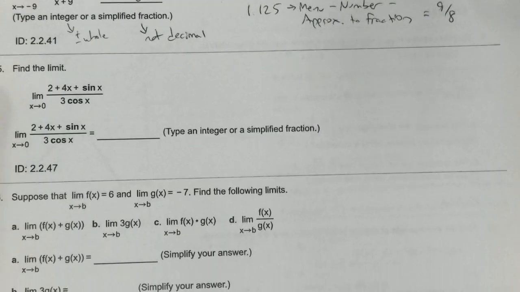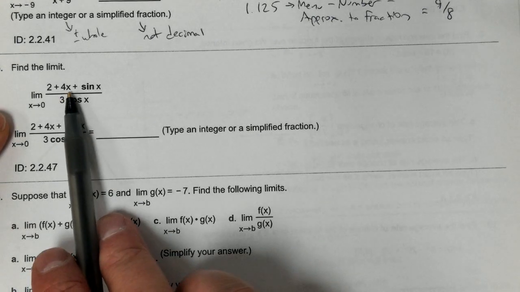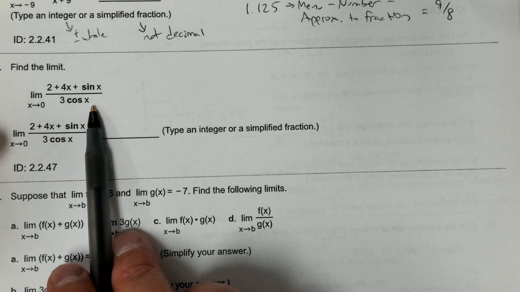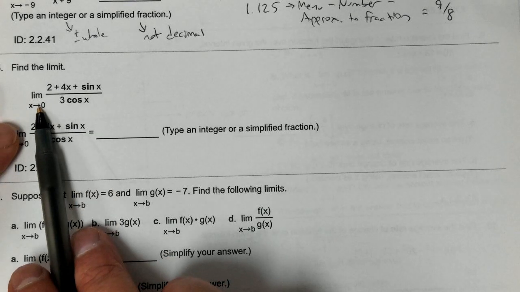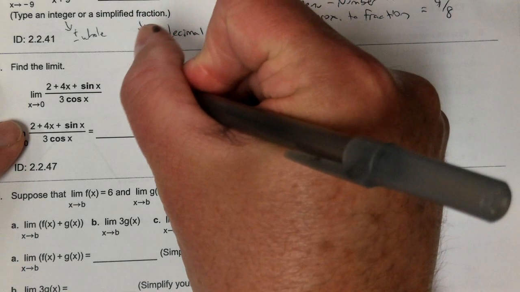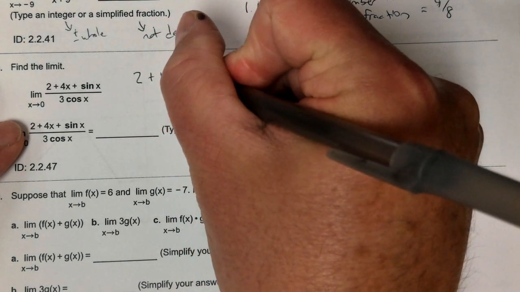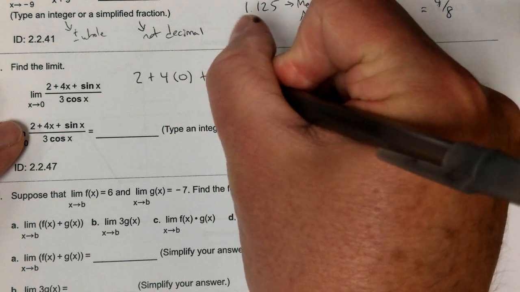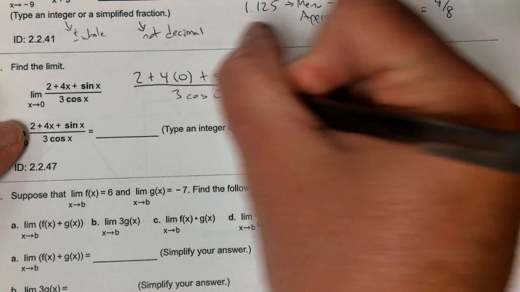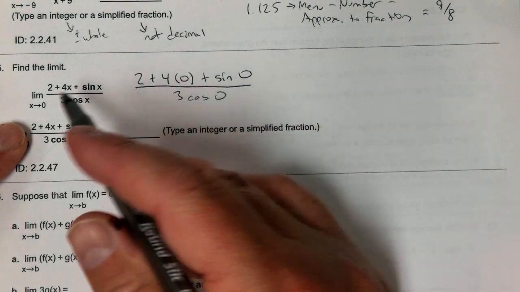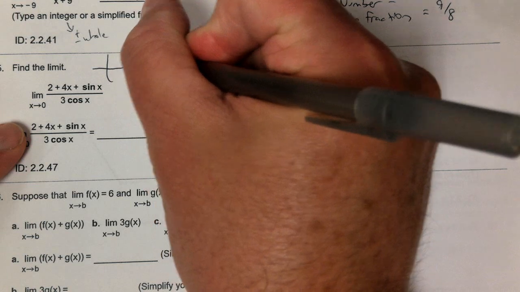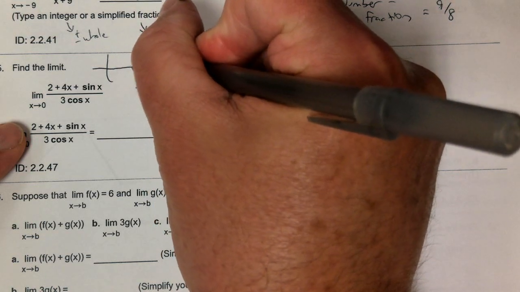Okay, on the next one we have 2 plus 4x plus sine x, all of that over 3 cosine x. So try plugging in the 0 and see what happens. 2 plus 4 times 0 plus sine of 0 all over 3 cosine of 0. When we're talking about 0, it's the ordered pair 1, 0.